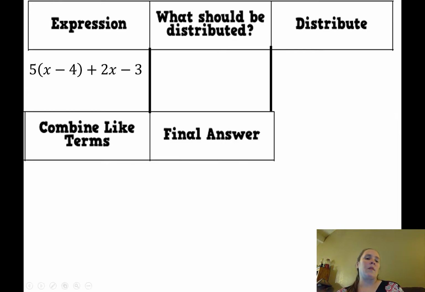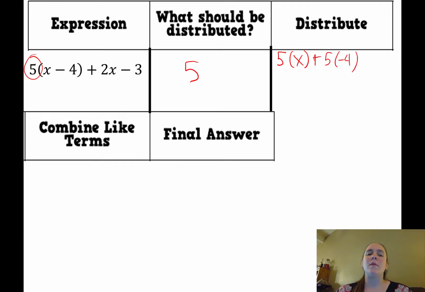All right. So looking at this example, what am I actually going to need to distribute? The only thing that needs to distribute is the 5. So I'm going to do 5 times x plus 5 times a negative 4. Remember, the number always keeps the sign that's in front of it.